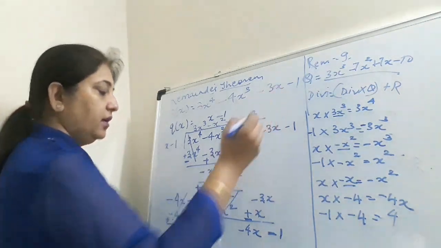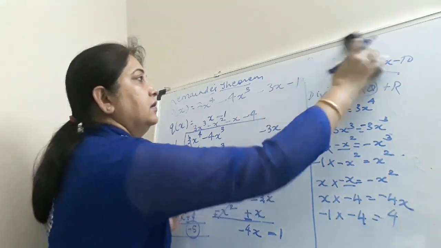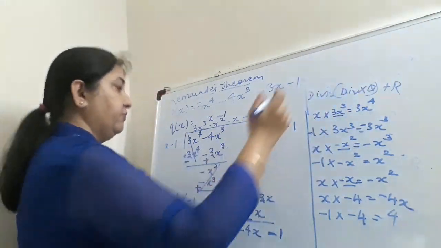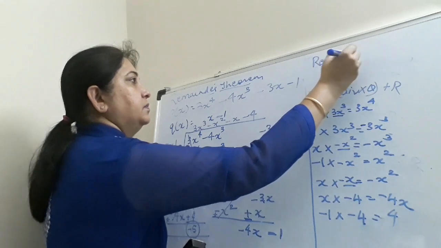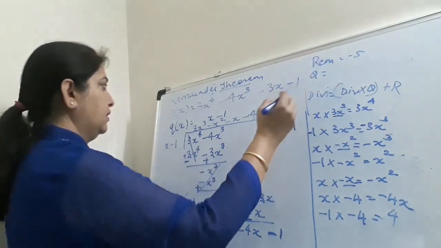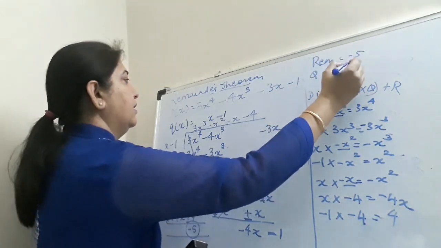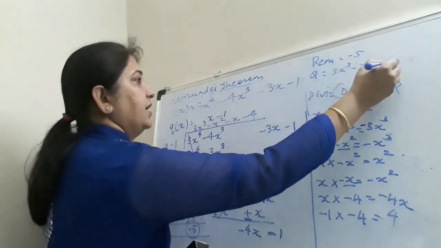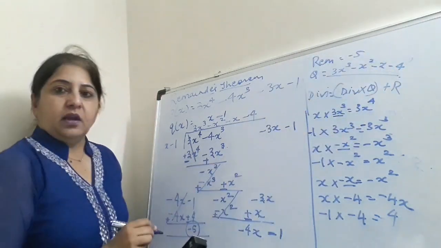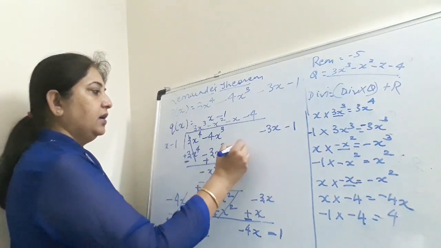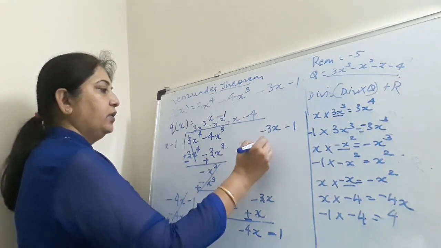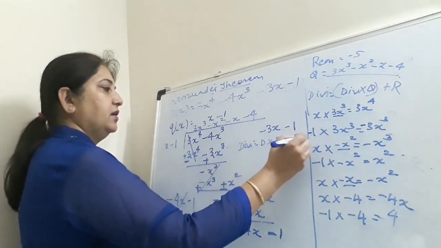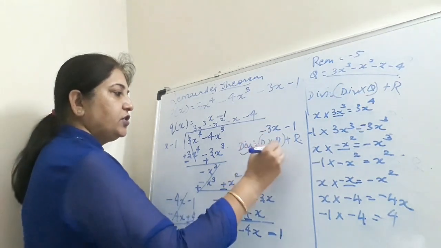Okay, so here instead of 9, the remainder is now minus 5, and the quotient is 3x to the power of 3 minus x squared minus x minus 4. And how will you verify? Again, same formula. Dividend is equal to divisor into quotient plus remainder. This is for your checking.